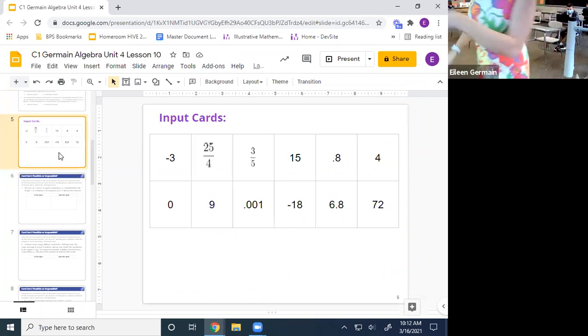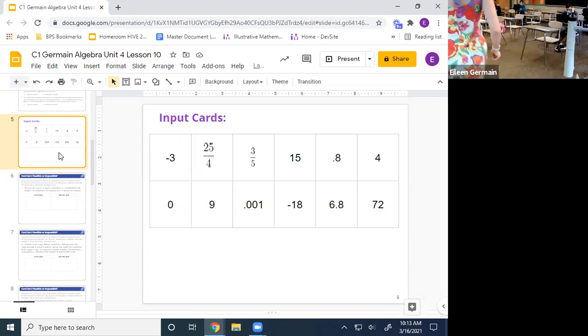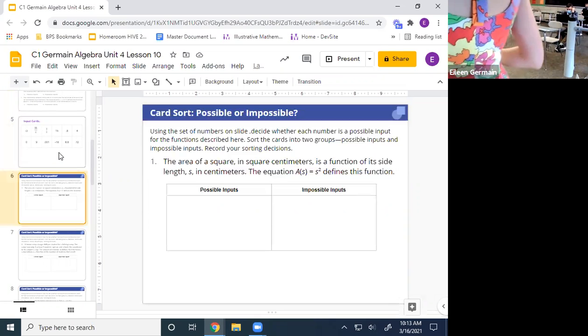Okay, so the numbers that we're going to be using are here. I don't think they're in your book, so we're going to have to be flipping back and forth between this slide and the slide that we're going to be dealing with. For the first one, we're using the set of numbers to decide whether each of these numbers is a possible input for the scenario. The area of a square in square centimeters is a function of its side length s in centimeters.